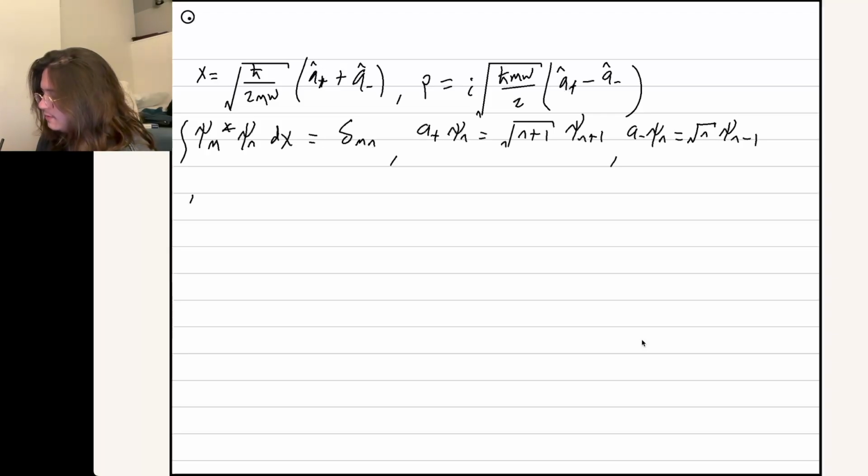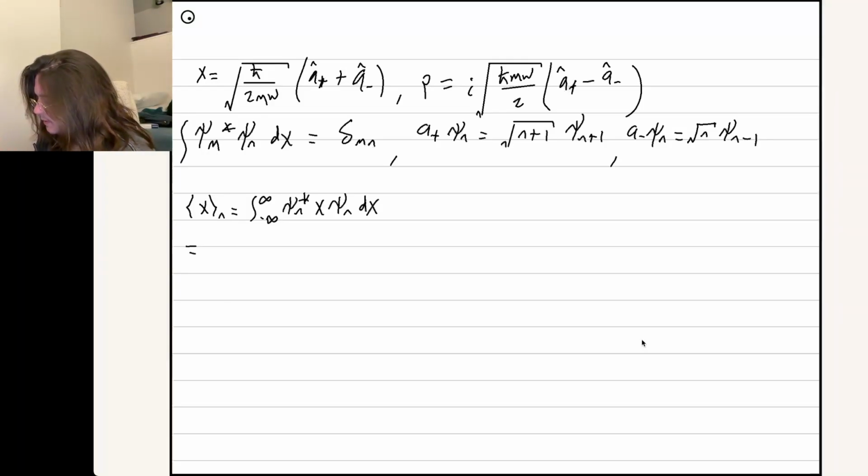So the expectation value of position for any given wave function psi n will be, of course, the integral over all space of the complex conjugate of psi n times the position operator times psi n.